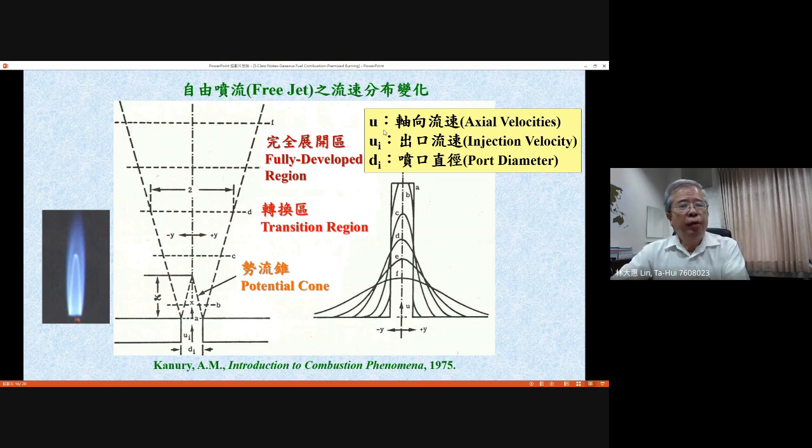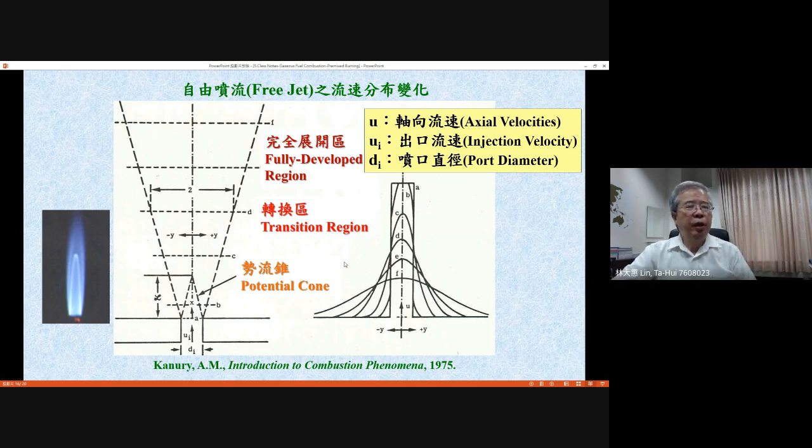And when you try to measure the velocity distribution for the actual velocities, you can see the profile continuously change. The value of actual velocity at the center is continuously reduced, and they will expand in the radial directions.